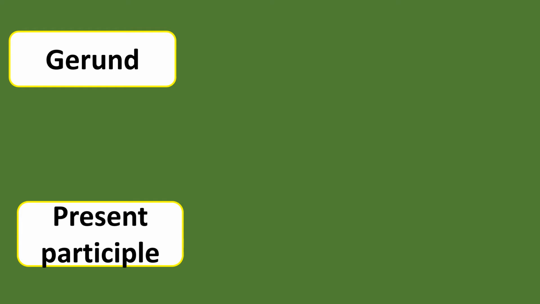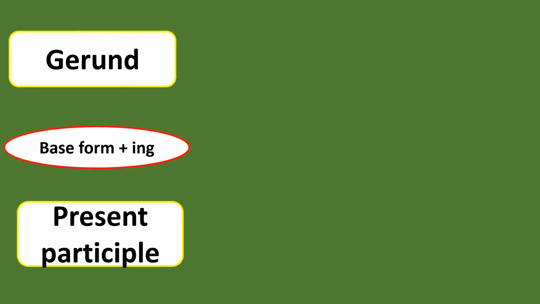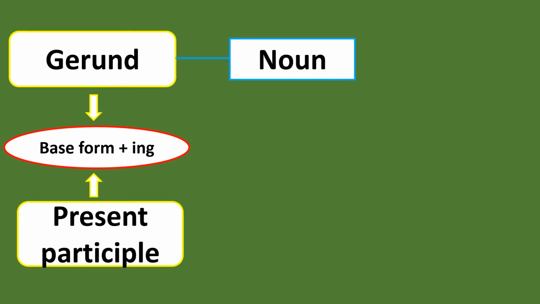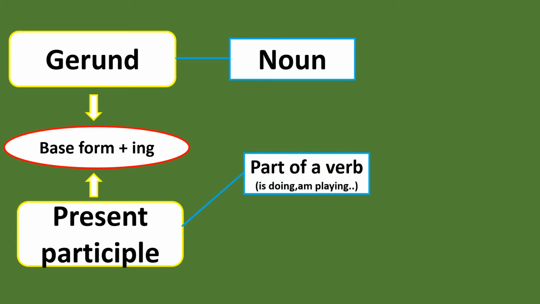Now let's see the difference in the usage of gerund and the present participle. We know that the form of gerund and present participle is base form plus ing. I mean gerund's form is base form plus ing, and the present participle's form is also base form plus ing. But gerund functions as noun, present participle functions as part of a verb.